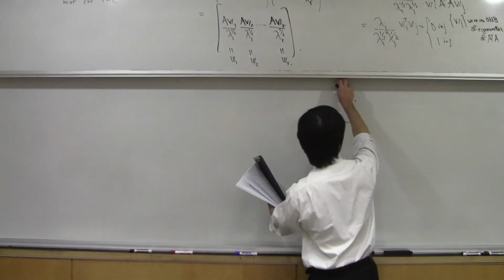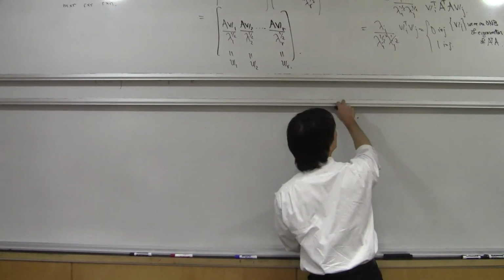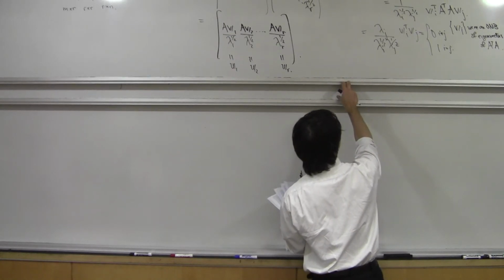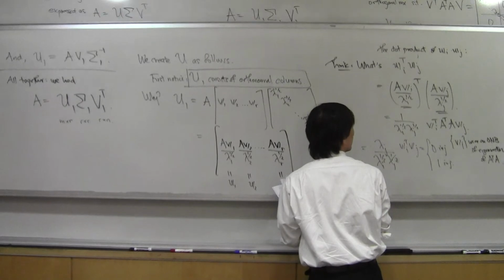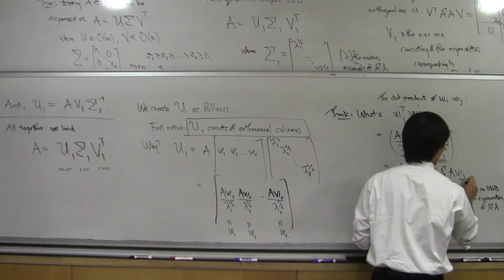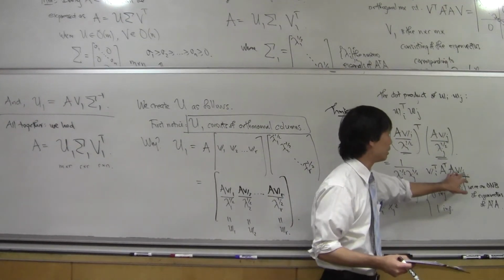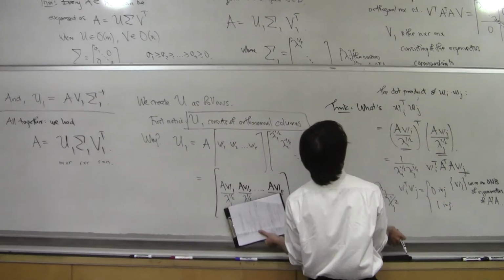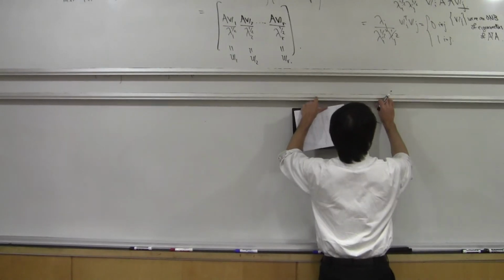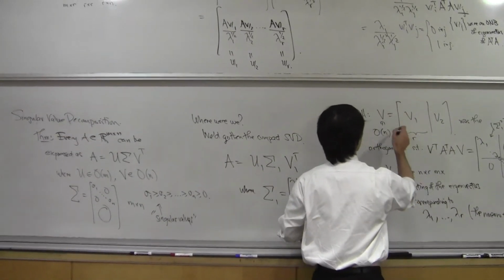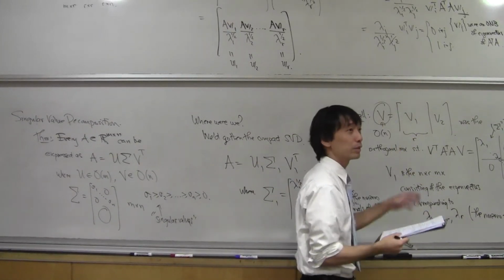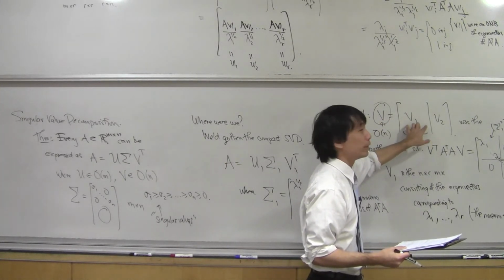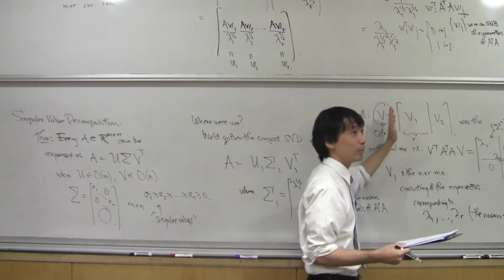That's a question really quick. So, why is A transpose A Vj equal to lambda j Vj? Yeah, so just remember what the V's are. These Vj are the columns of the V matrix.